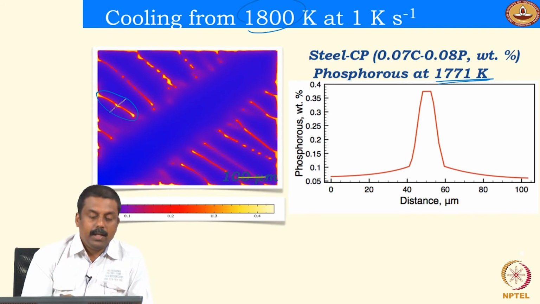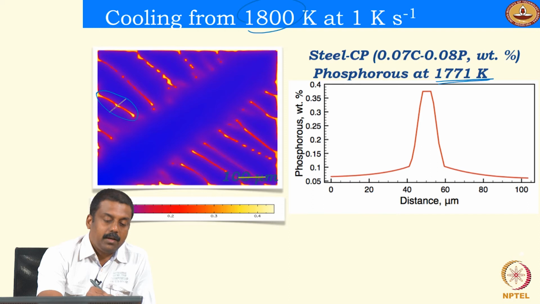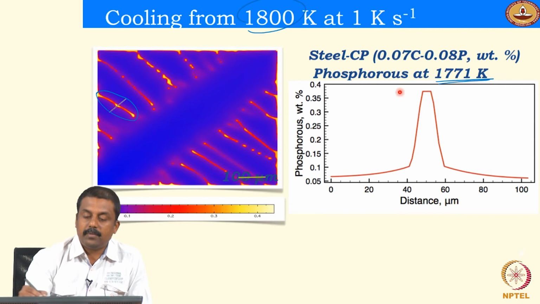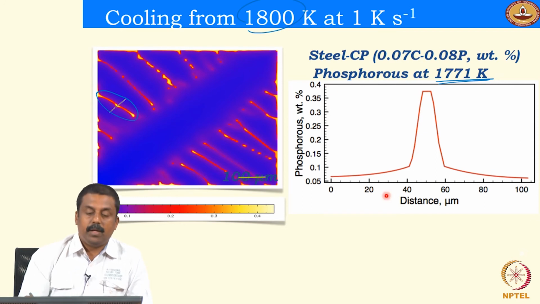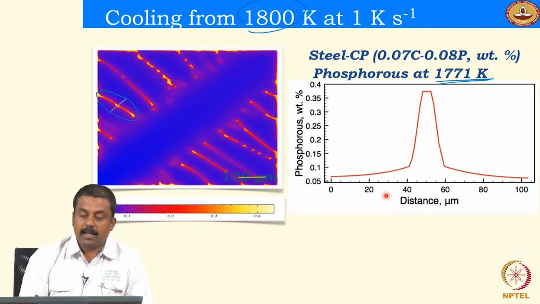And if you look at the phosphorus concentration variation along this line, you can see that locally the phosphorus can go up to 0.4%. That's what I explained in the previous slide.